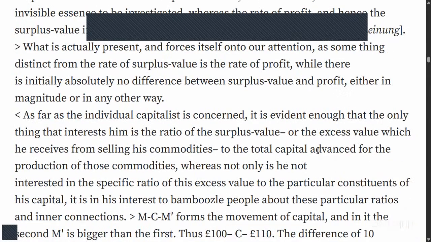As far as the individual capitalist is concerned, it is evident enough that the only thing that interests him is the ratio of the surplus value, or the excess value that he receives from selling his commodities, to the total capital advanced for the production of those commodities, whereas not only is he not interested in the specific ratio of this excess value to the particular constituents of his capital, it is in his interest to bamboozle people about these particular ratios and interconnections.